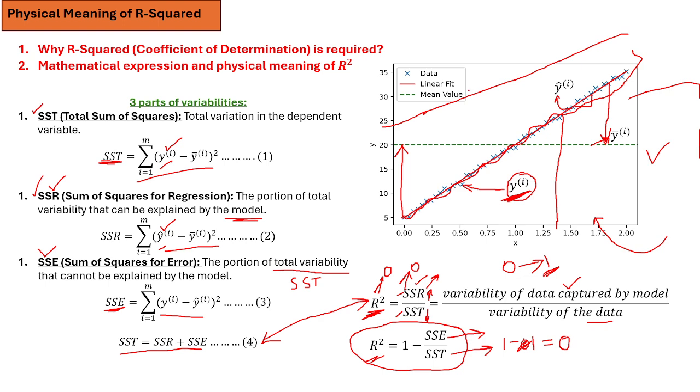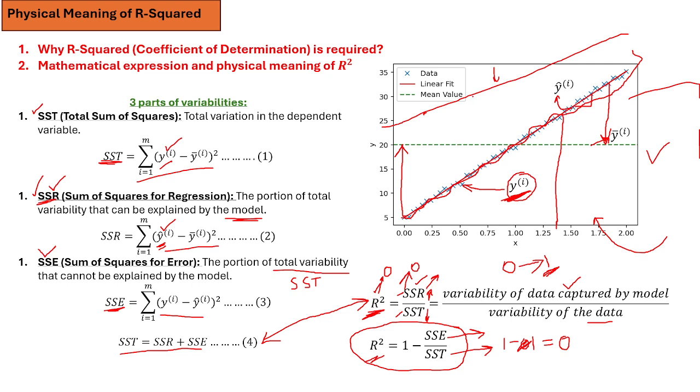But with this new position of the linear prediction line, our SSR value will be quite high. So y hat, which is represented by this line, minus our average value. This average line is dependent on the actual data, and the actual data is not changing, so this green line's position is not changing at all.